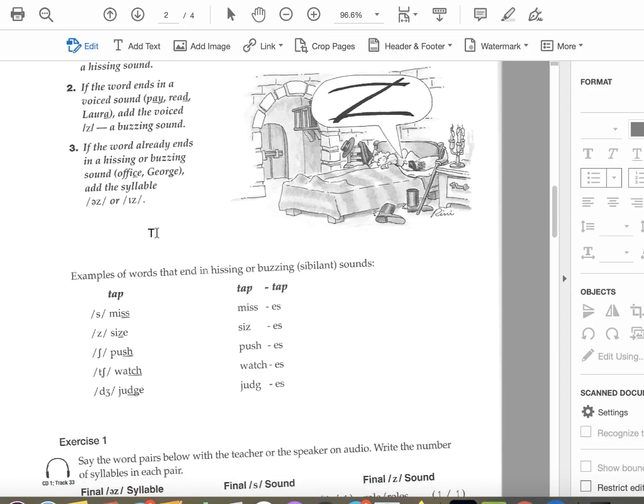Let's do this sentence. The buses left the station early.